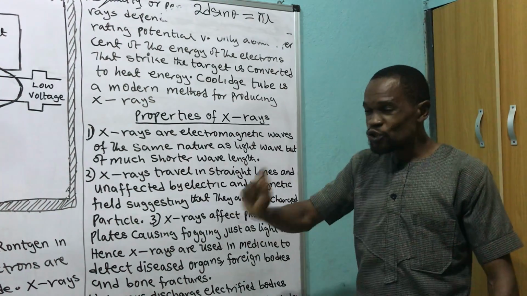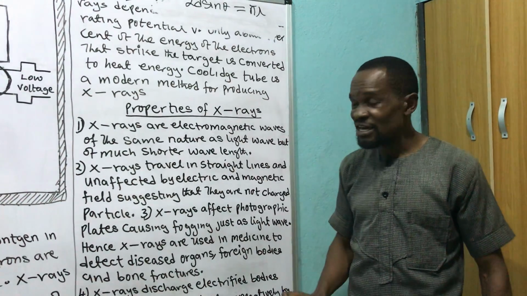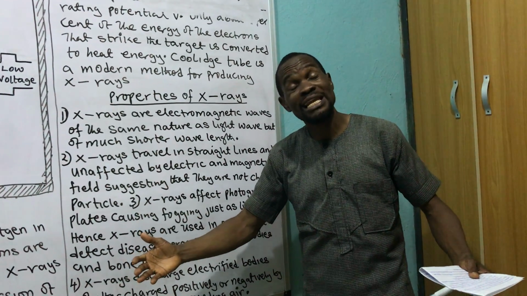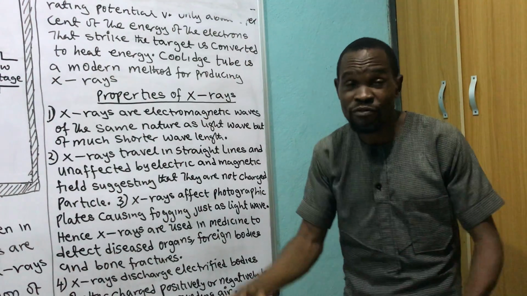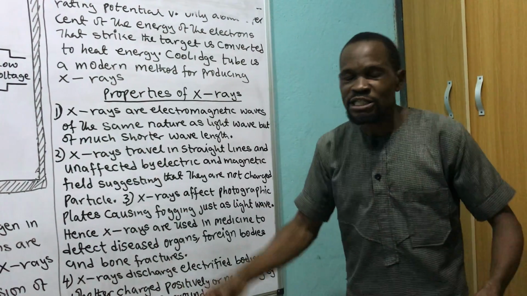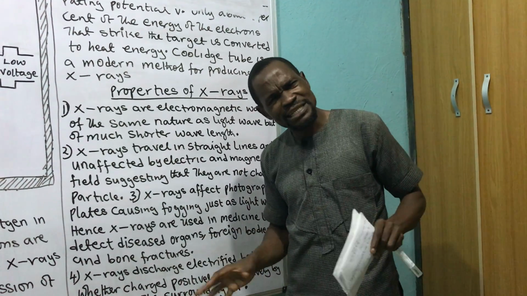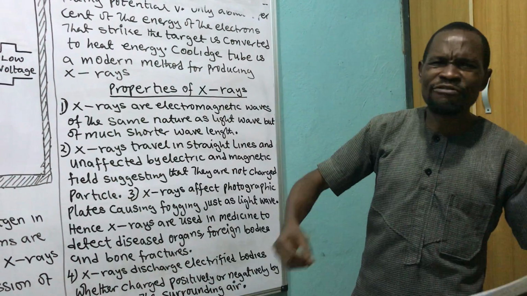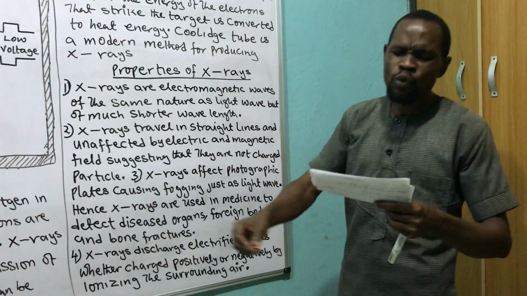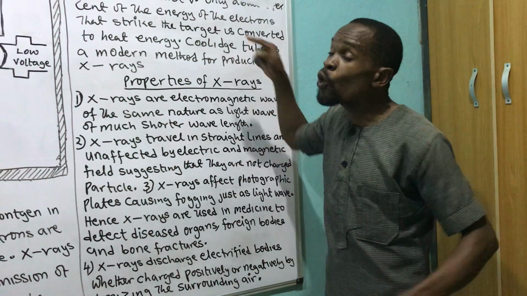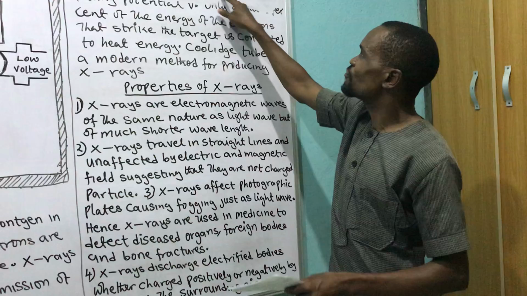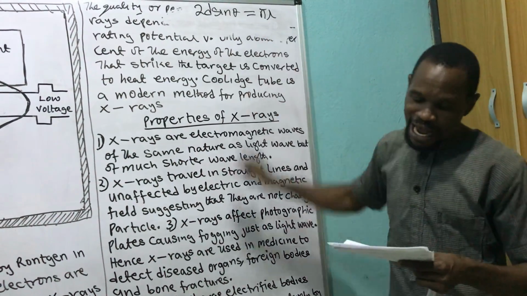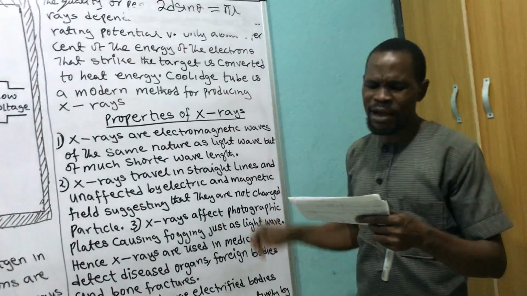How does interference come about? X-ray is just like a light wave, which has the properties of reflection, refraction and diffraction, and these properties give what we call interference. For interference to occur with X-ray, we have this formula, 2d sine theta equals n lambda. We're going to see this when we go into proper calculation.